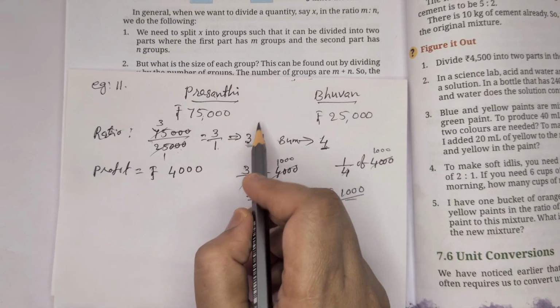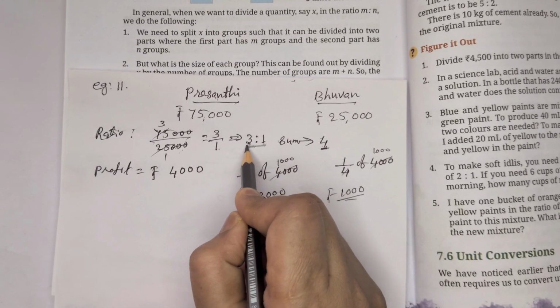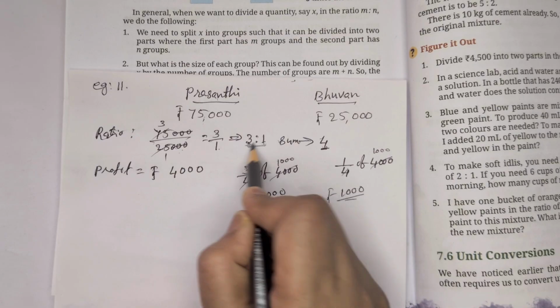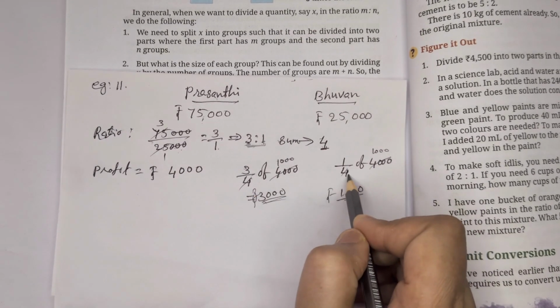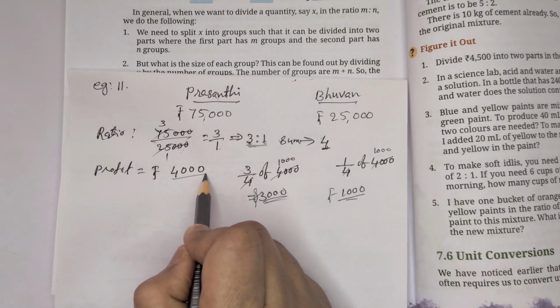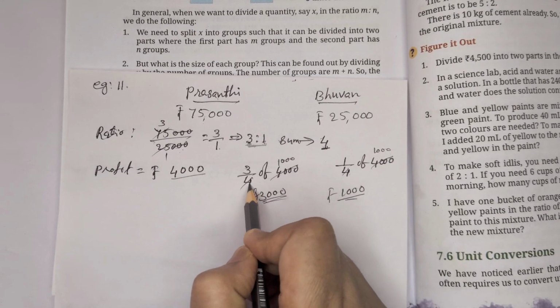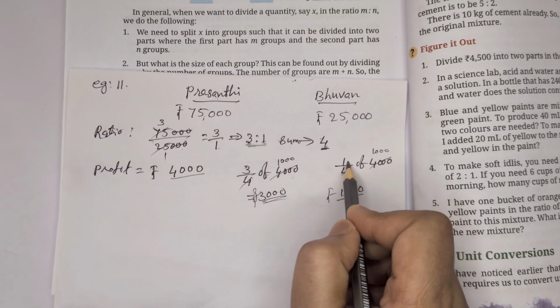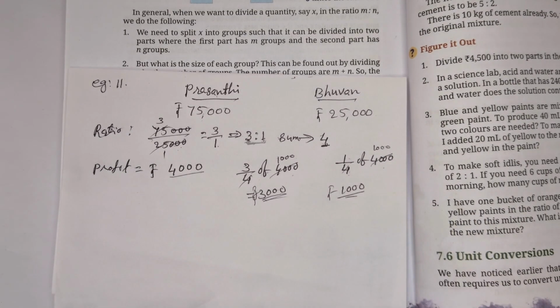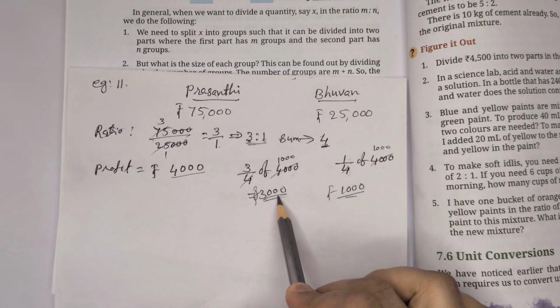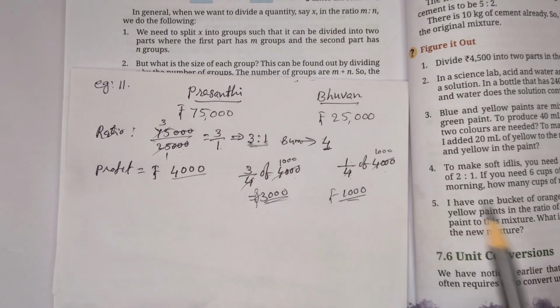So the first person's share is 3 out of 4. Second one 1 out of 4. Total profit 4,000. So 3 by 4 of 4,000 and 1 by 4 of 4,000. That means Prashanthi is getting 3,000, Bhuvan is getting 1,000 rupees.